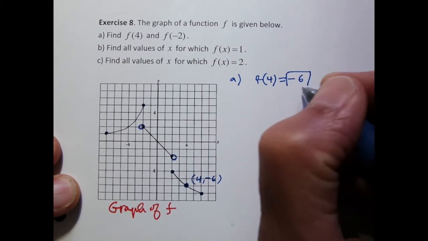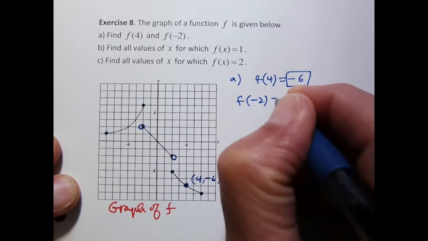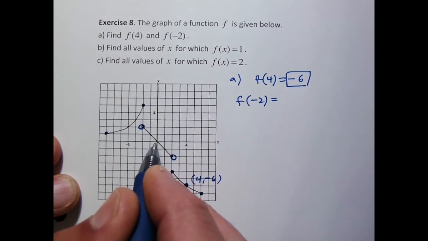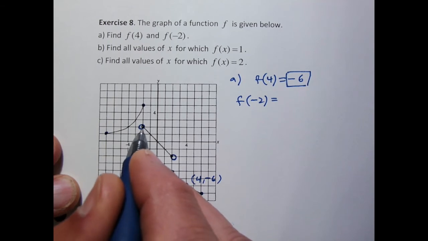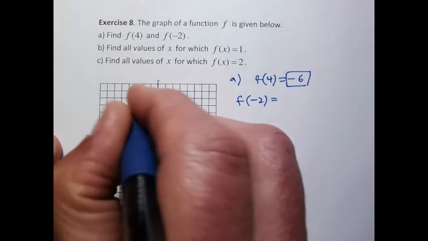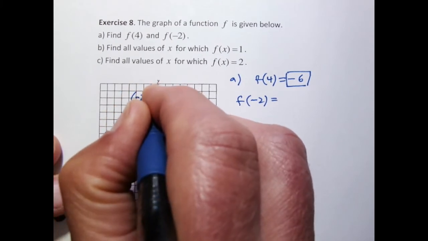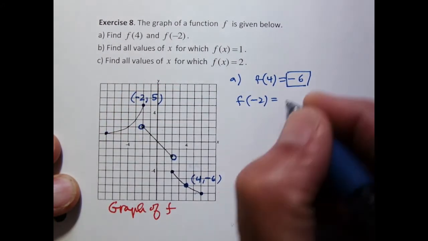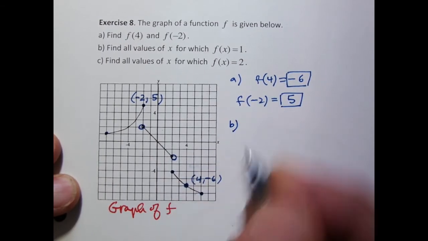That's what we want there. And we want f of negative 2. f of negative 2 is here. We go up. The open circle we don't want. The closed circle we do want. That's negative 2, 5. So f of negative 2 is positive 5. And we got that one.